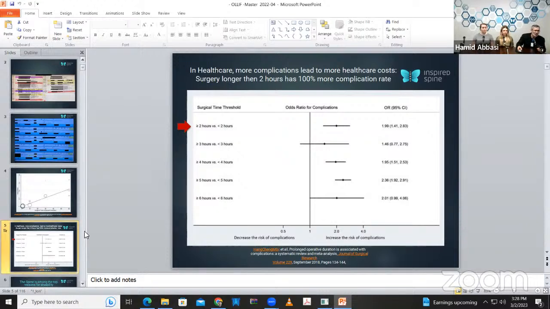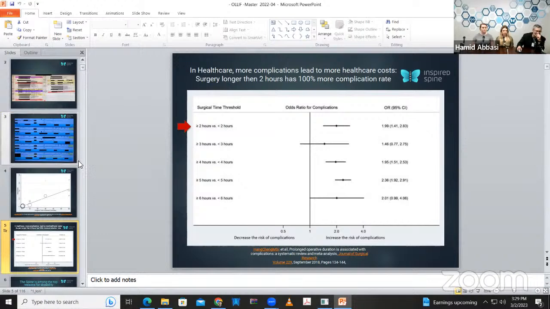Now, what kind of surgery do you think is going to be more than 2 hours? Traditionally, fusions are. As a matter of fact, an average one-level fusion in the United States is about 2 to 2.5 hours in a non-academic place, and about 3.5 hours in academic places.